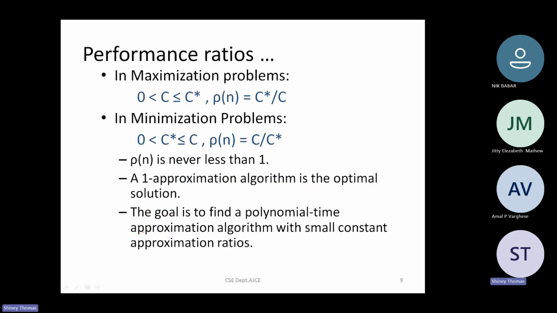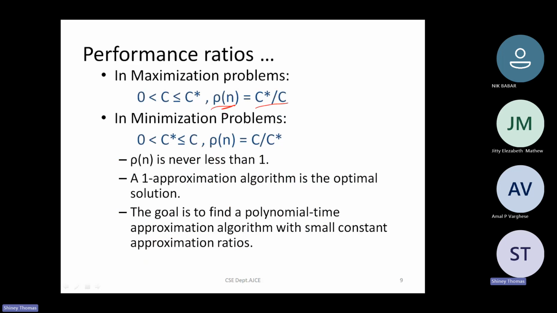Now for maximization problems, the approximate cost will always be less than the optimal cost. That is the basic idea. When you take the ratio of C star by C, what is the meaning of this?